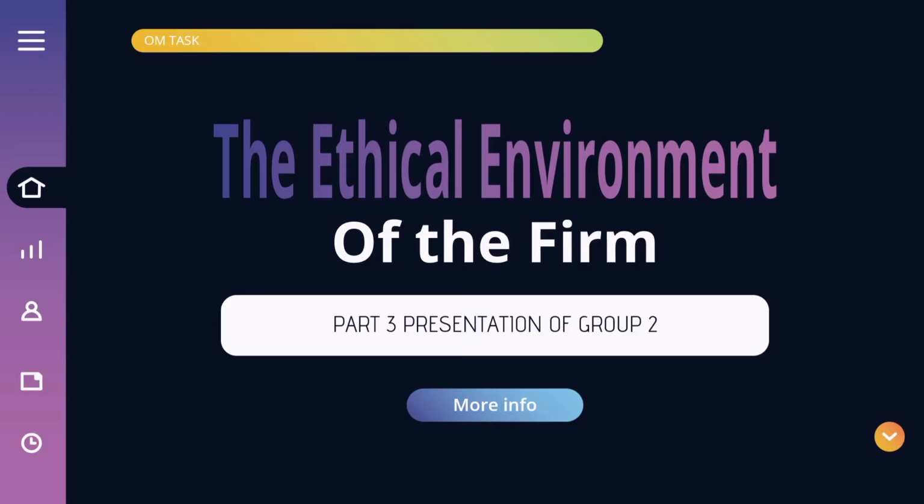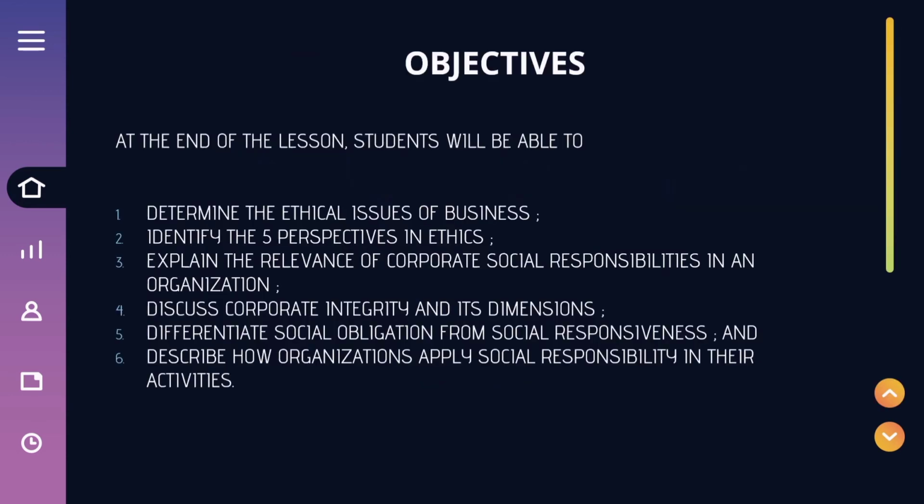And now, we will tackle the last subtopic of the firm and its environment, the ethical environment of the firm. Objectives for today. At the end of the lesson, students will be able to: 1. Determine the ethical issues of business. 2. Identify the 5 perspectives in ethics. 3.